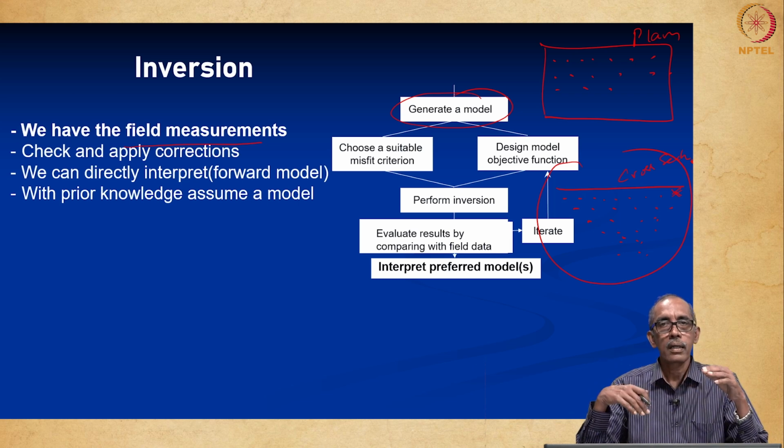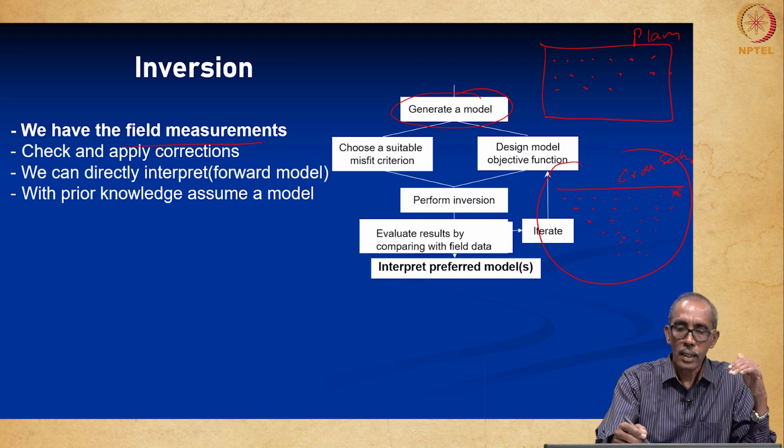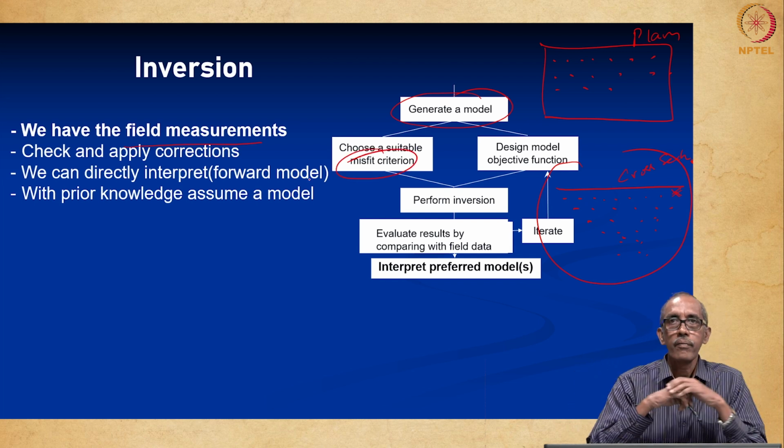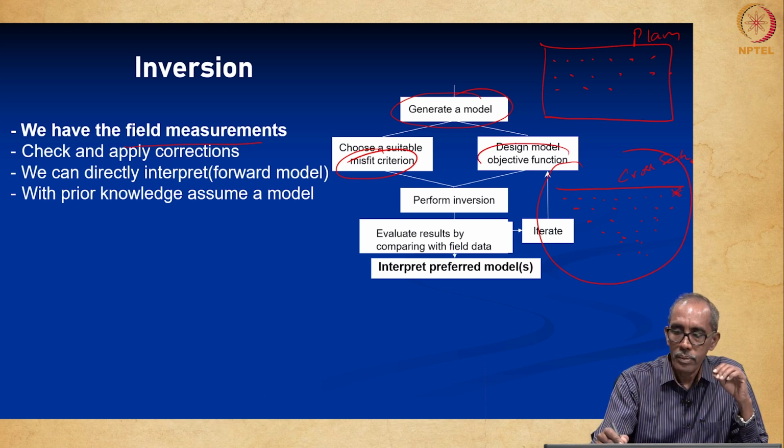Are you expecting weathered rock up to a certain depth? So, based on the field knowledge, you try to assume the likely subsurface configuration or subsurface geological situation for that site, and also come out with a criteria for misfit, and also an objective function.